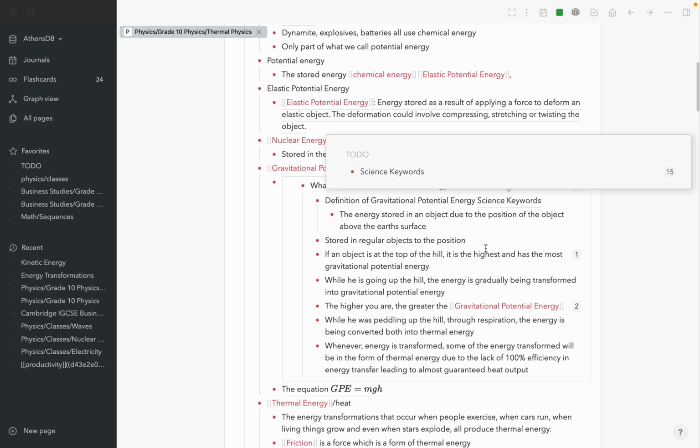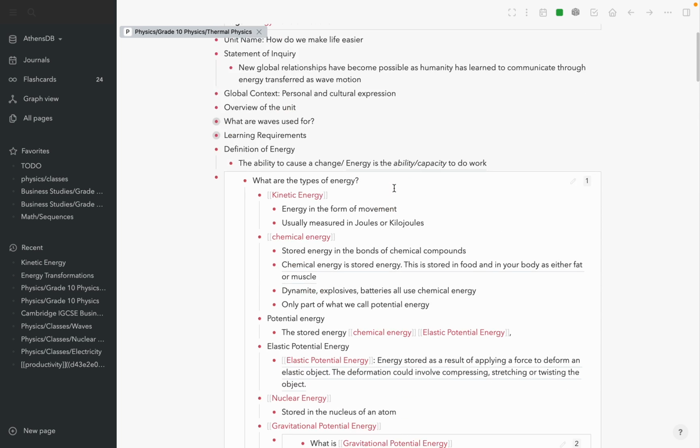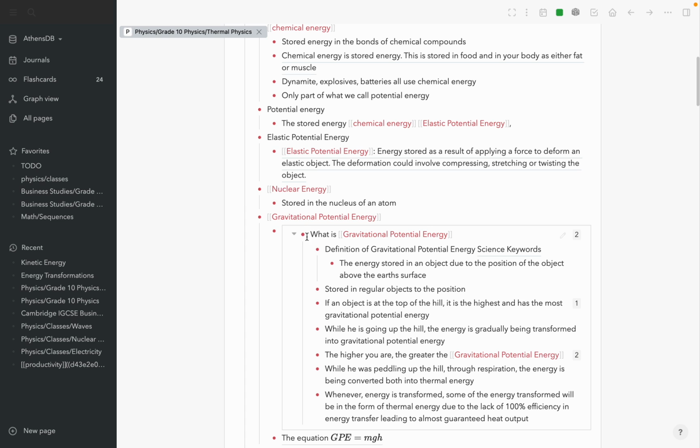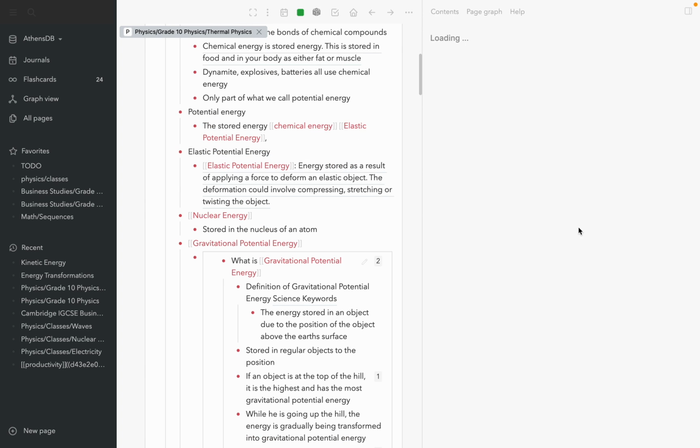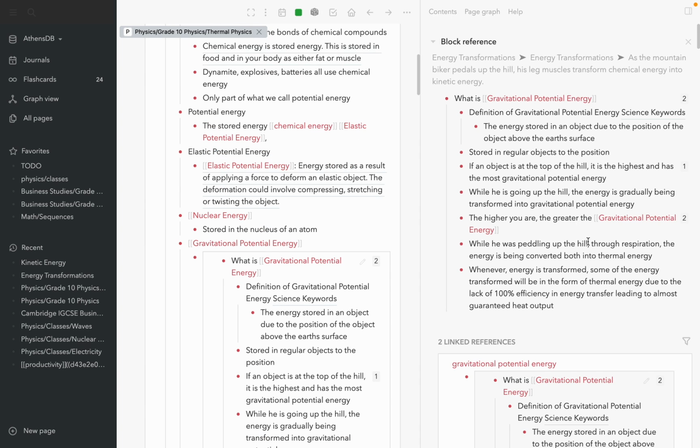So you can see two of these white boxes right inside each other. Wherever I'm talking about gravitational potential energy, I've written into this block.